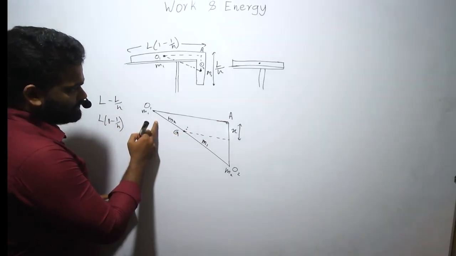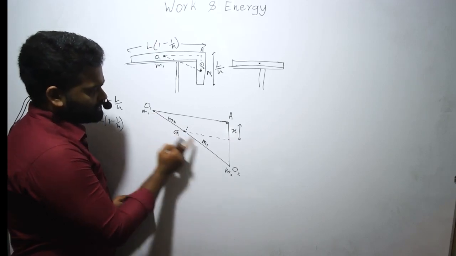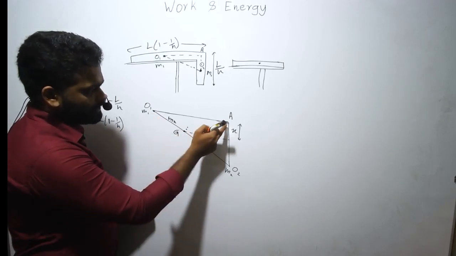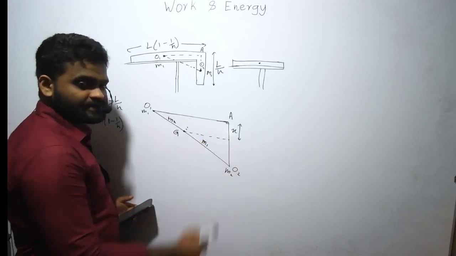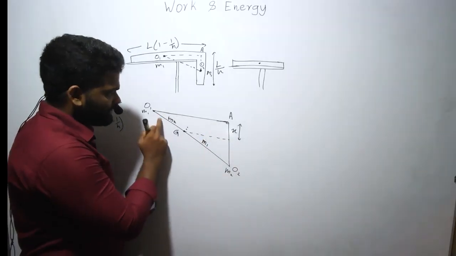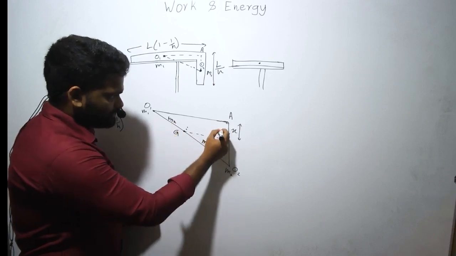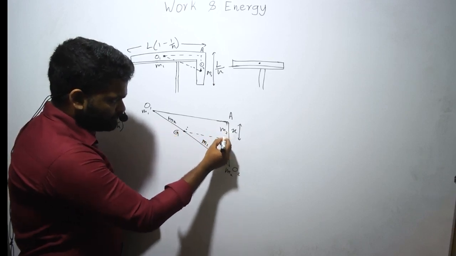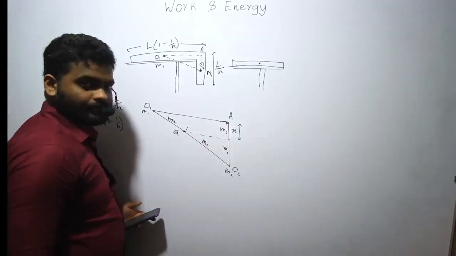So let's say if this is the proportion here, M2 to M1, you can see that this triangle and the large triangle are similar triangles. So the ratio here also should be the same. Here the ratio should be M2 to M1. That is the length ratio here to here.